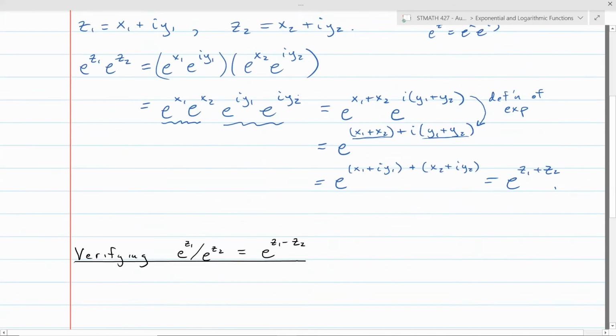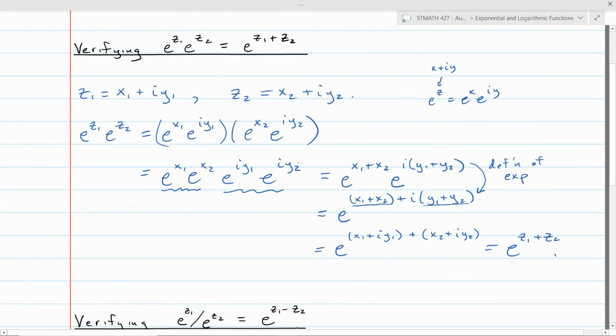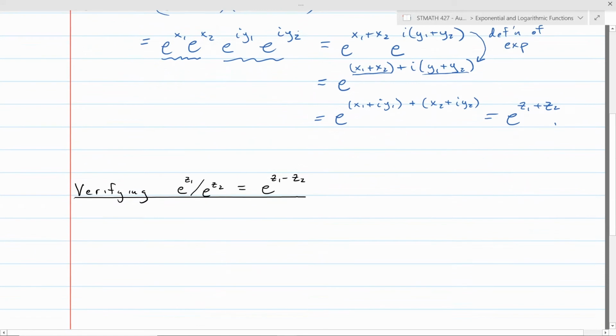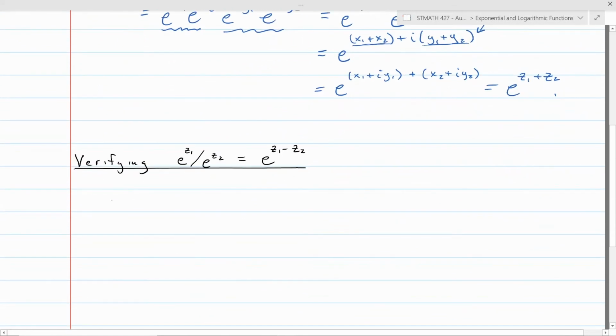And once you have the property for the sum of the exponents, you get the property for the difference of the exponents pretty readily, because you could just do something like e to the z1. Well, you could put in a well-chosen 0 and write this as e to the z1 minus z2 plus z2.